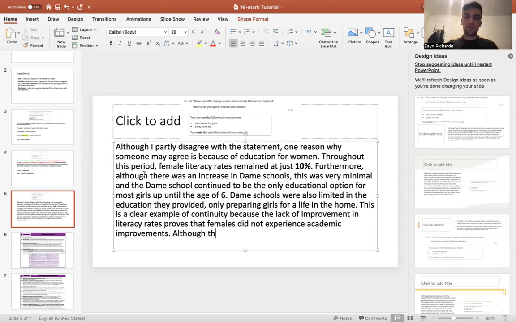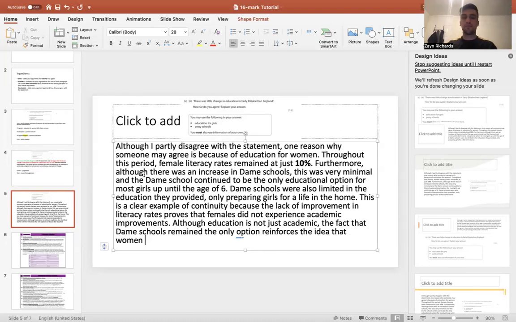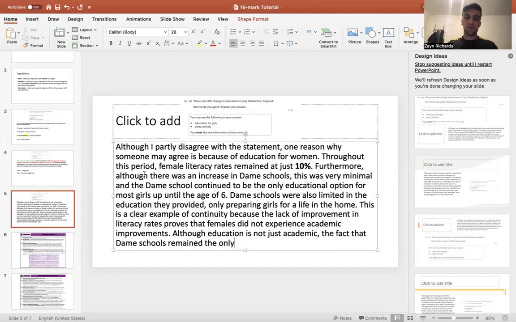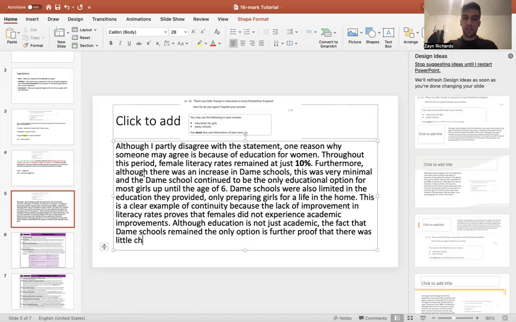So although education is not just academic, the fact that dame schools remain the only option is further proof that there was little change or innovation for female education during this period.